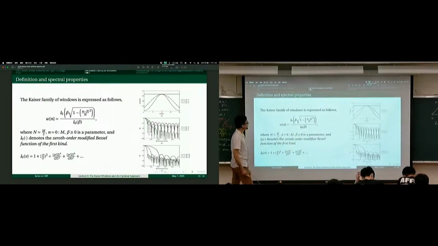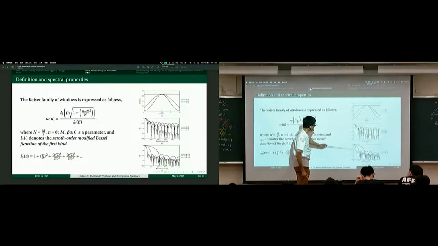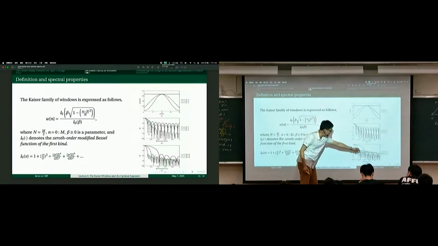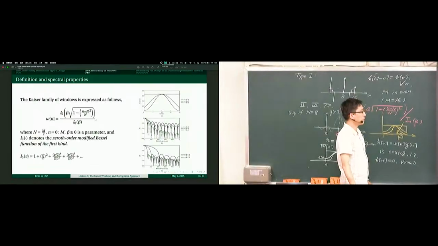I think they fix beta at, it seems that now beta is fixed at 6. Okay? When we fix beta equal to 6, but then change the length m. Change the length of the filter, or change the length of the window, okay?